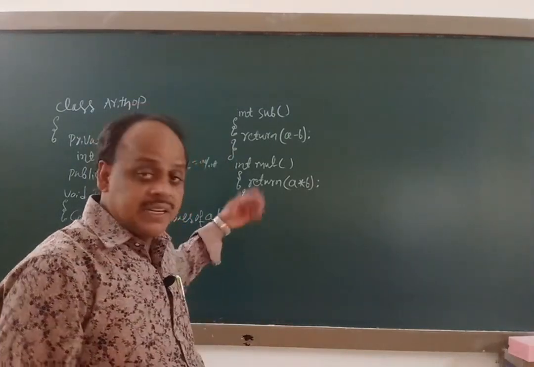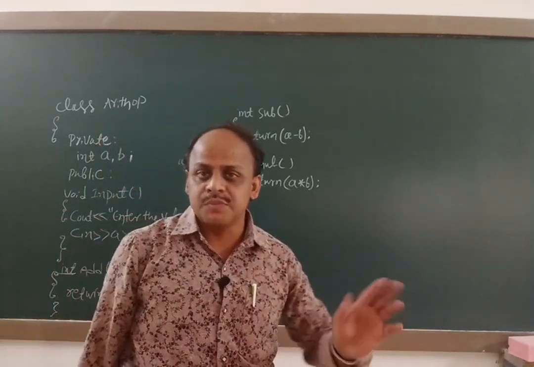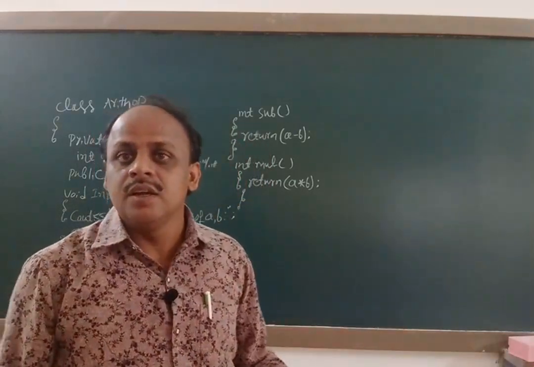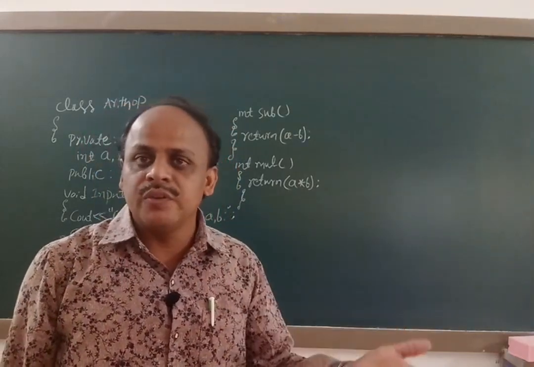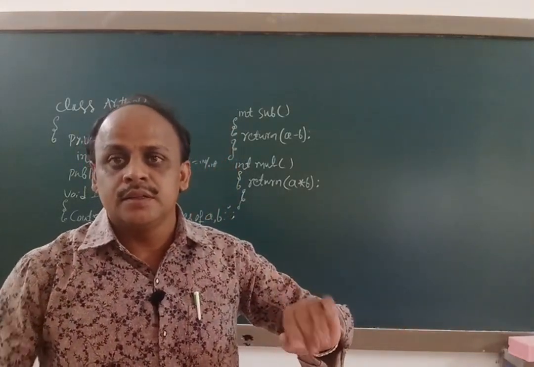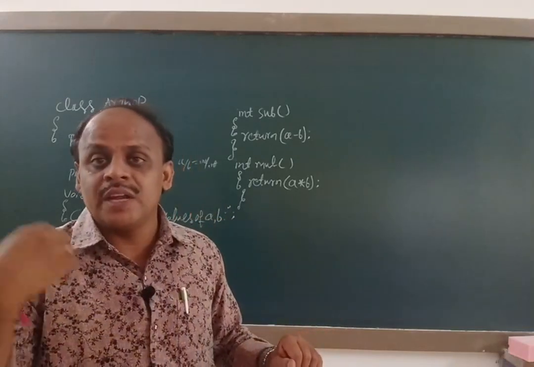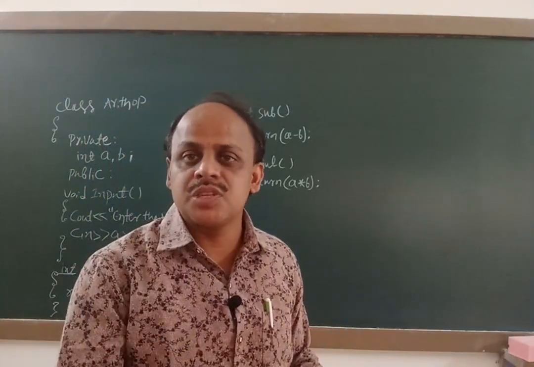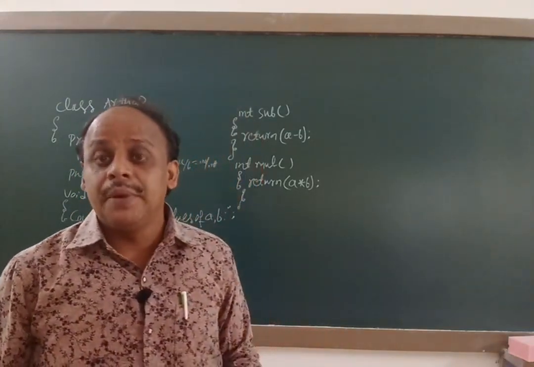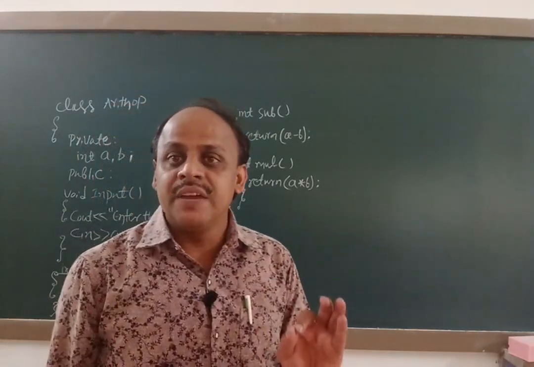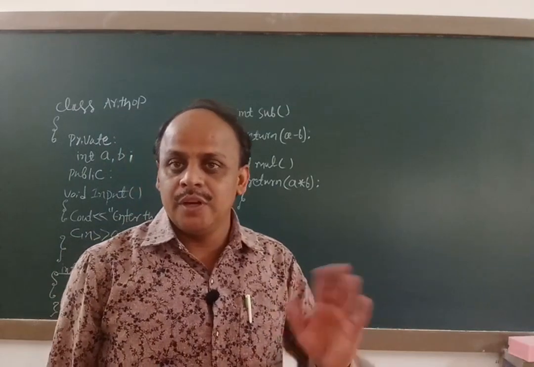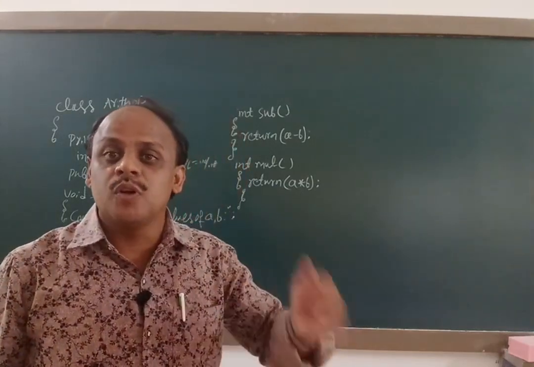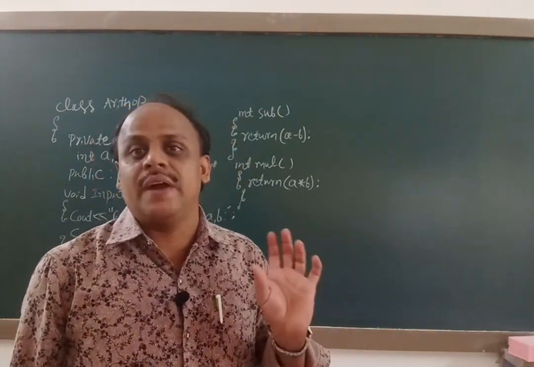But generally when we perform addition, subtraction or multiplication, we get the same data type. If they are int, we get int. If they are float, we get float, right? Whereas whenever you perform a division operation, if the given two numbers are int, it is possible to get float values.